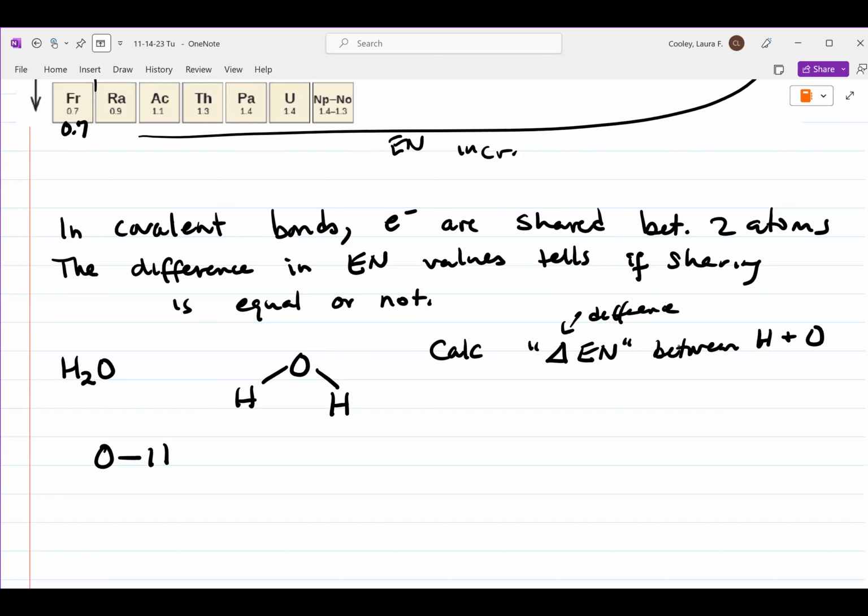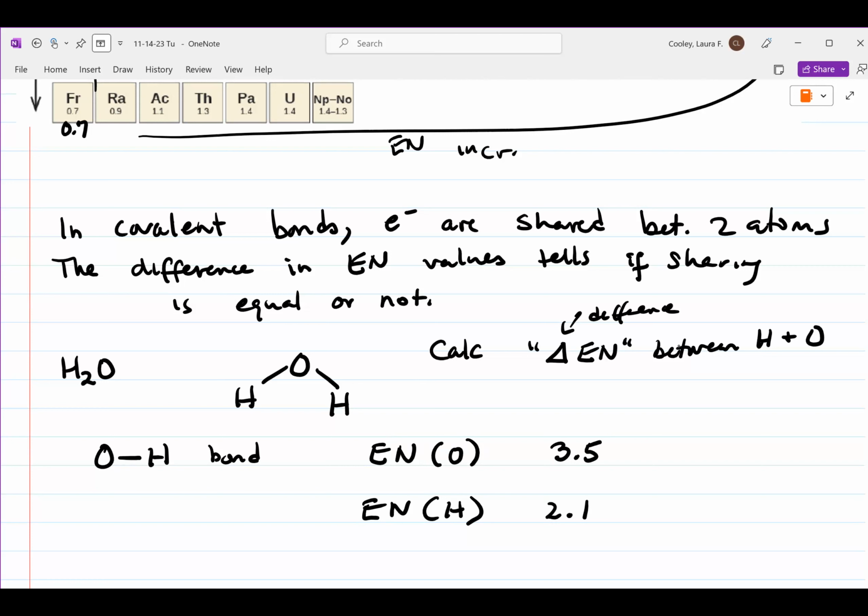Okay, so go ahead on your electronegativity chart. We're going to consider the OH bond and look up the electronegativity of oxygen and the electronegativity of hydrogen. And what do you get for a number when you do that? That's 3.5 for oxygen, and hydrogen 2.1.